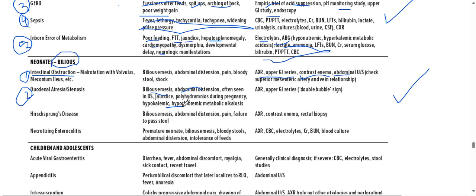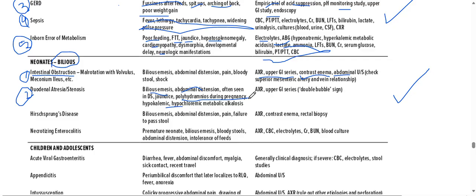One thing we need to remember: abdominal distension, jaundice, and polyhydramnios during pregnancy. The mom has polyhydramnios during pregnancy. What should come to your mind?